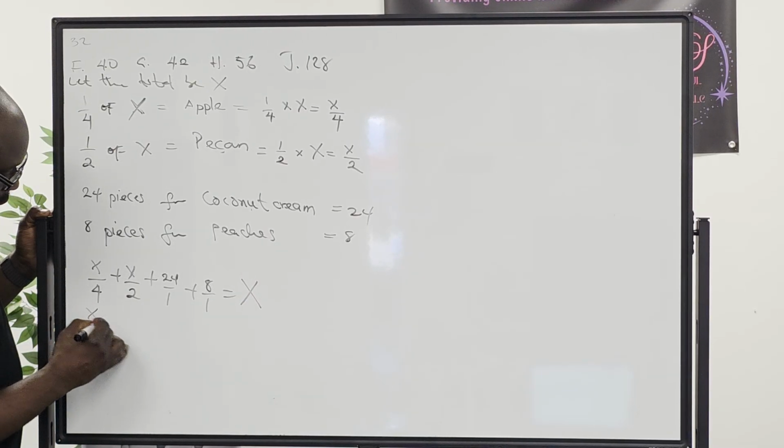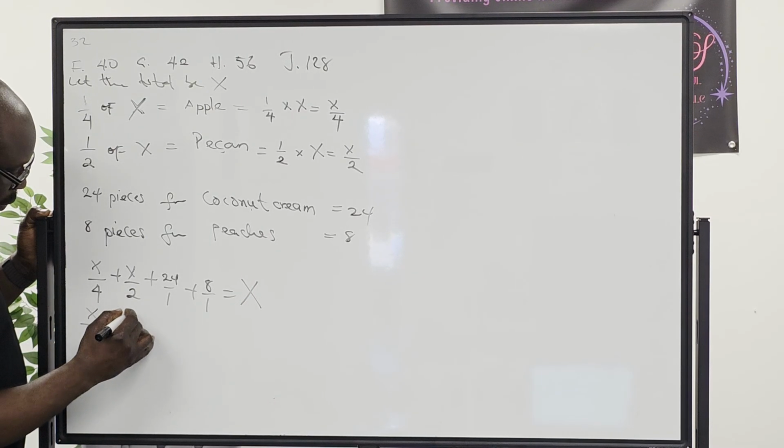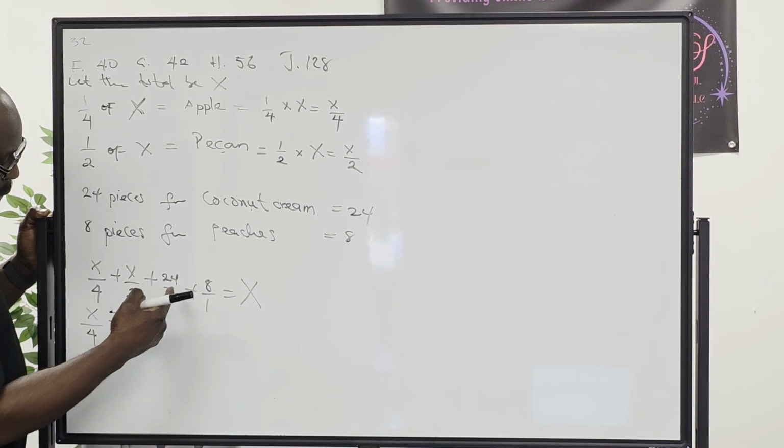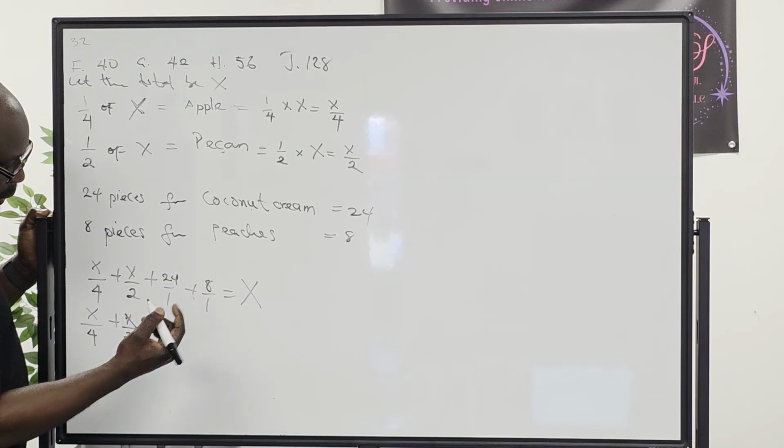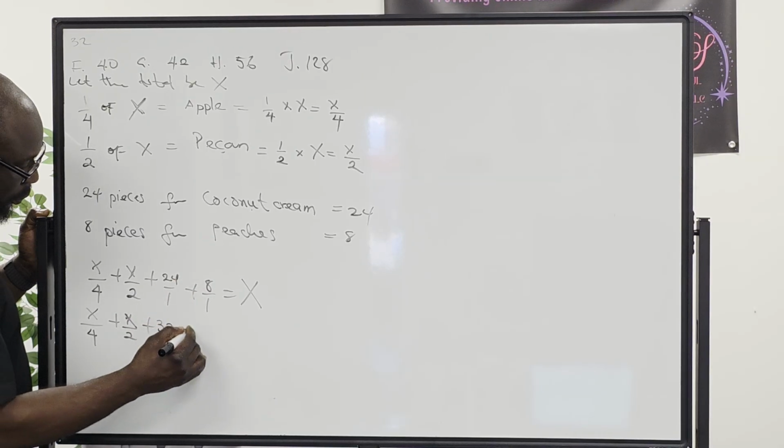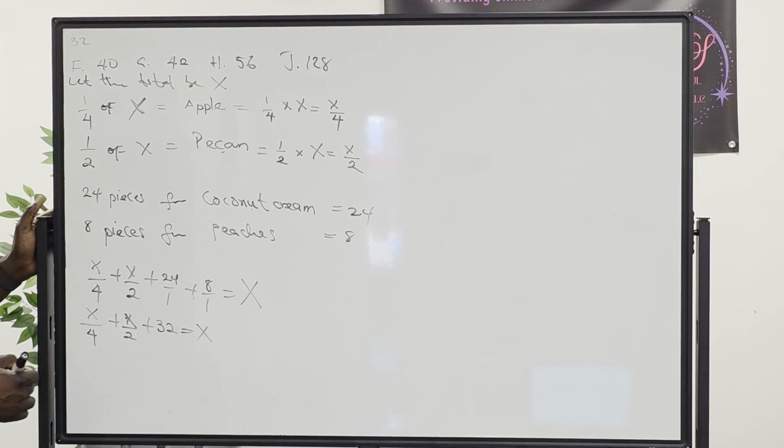So x/4 plus x/2 plus 24 plus 8, which is 32, is equal to x.